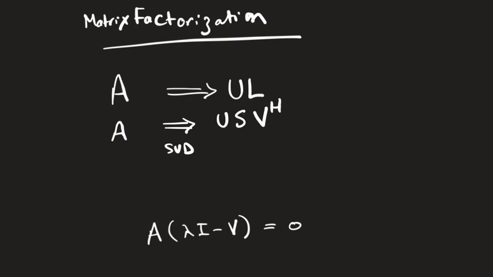Am I correct? It's represented as A V minus lambda A V equals 0, right? This is the representation.